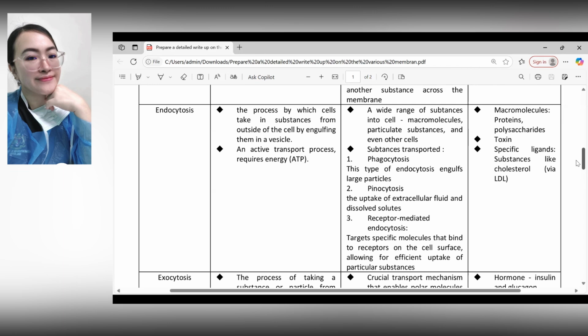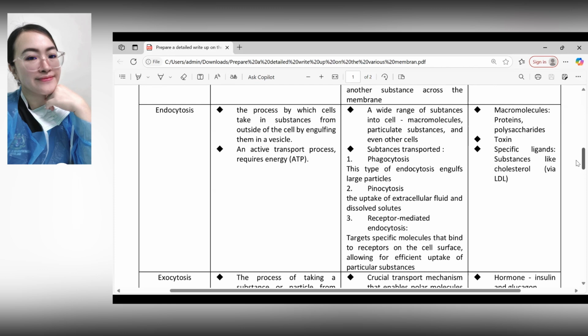For substance transport, we have three types. Number one, phagocytosis: this type of endocytosis engulfs large particles. Number two, pinocytosis: the uptake of extracellular fluid and dissolved solutes.